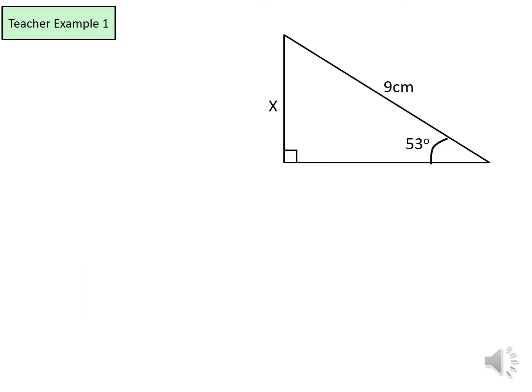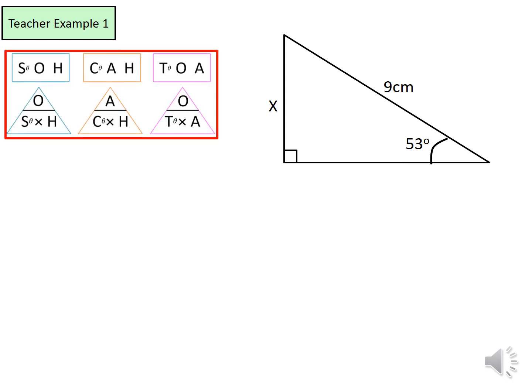Alright guys, here's an example of the missing length that we need to find. So if you want to have a go at it first, by all means please pause the video now. So what we need to do to find this missing length is label our sides to choose the correct trig ratio formula. First things first, do the easy ones first.